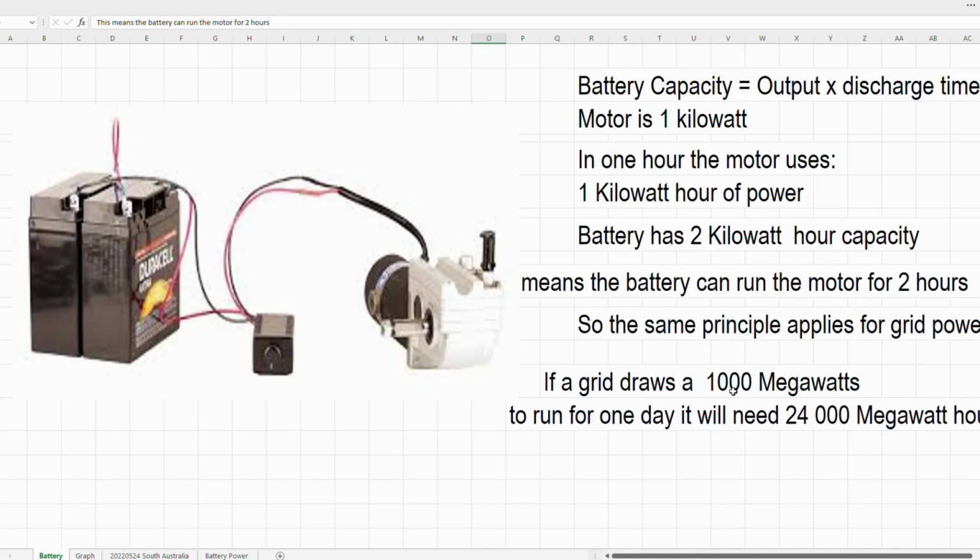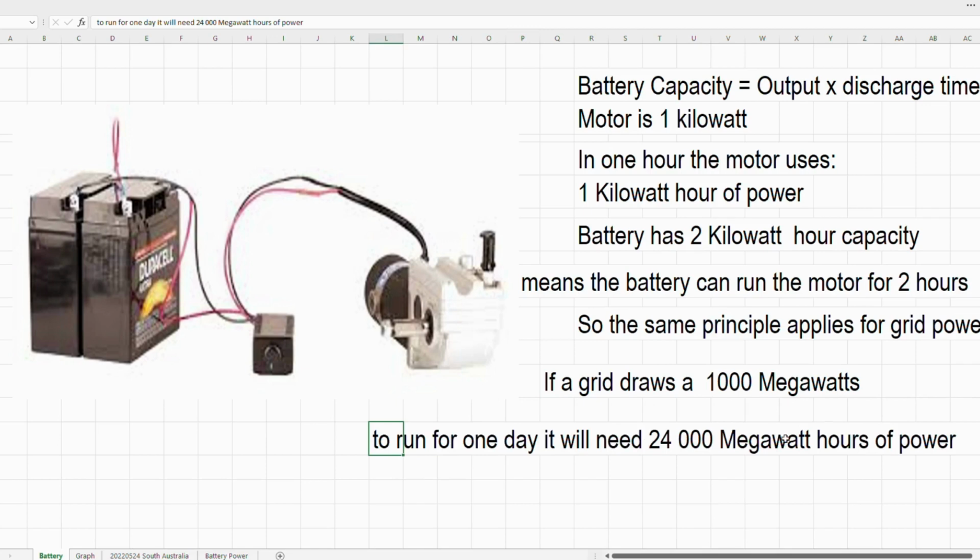The same principles apply. If you had a grid that was 1,000 megawatts, if you wanted to run it for 1 day, it will need 24,000 megawatt hours of power. It's not that complicated.